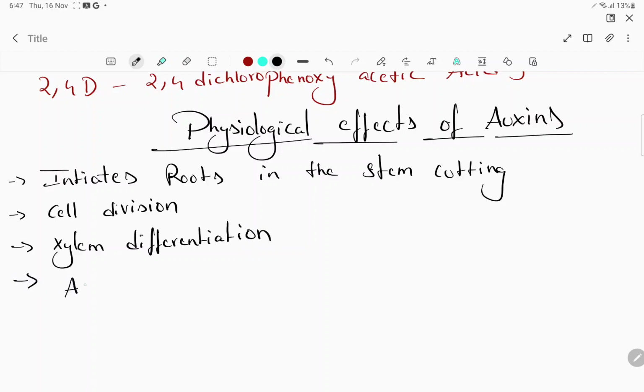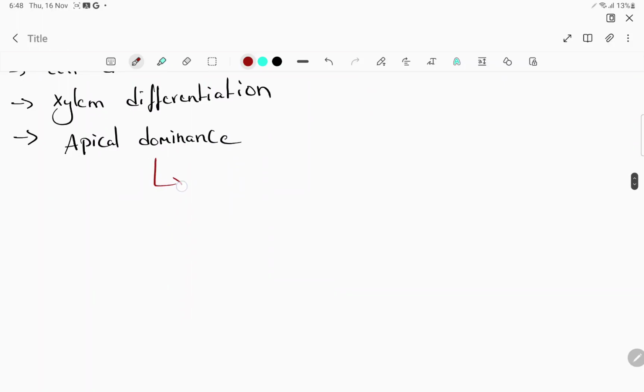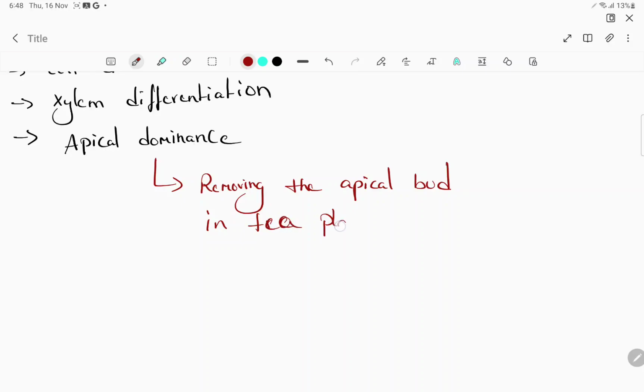Afterwards stem. For stem, remember apical dominance. Coming to the application, apical dominance. So removing the apical bud in tree plantations for hedge formation.